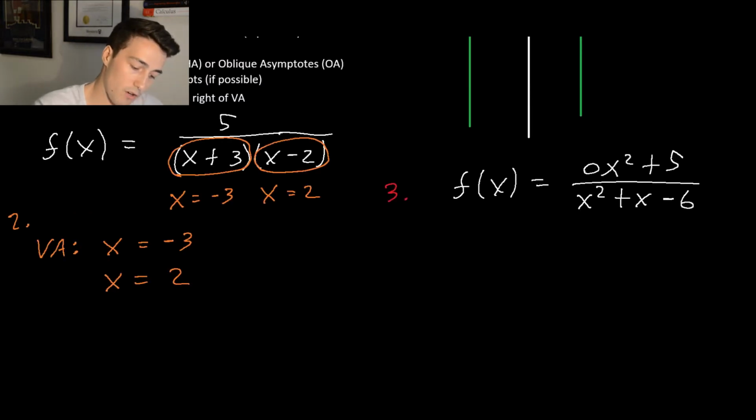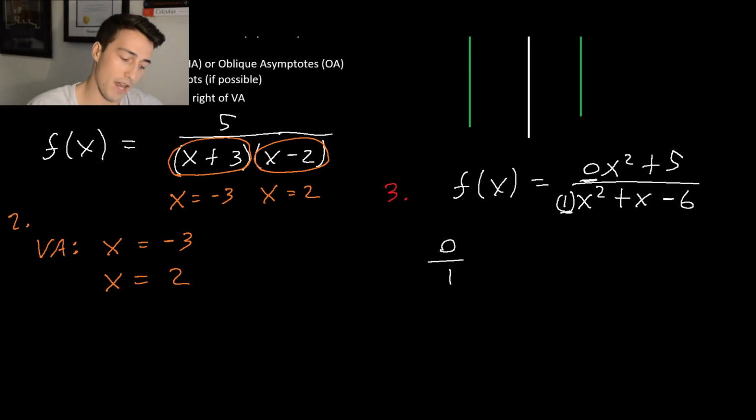When I say the ratio of the leading coefficient from the numerator to the denominator, this will be our leading coefficient for the numerator, so it'll be 0, and then our leading coefficient for the denominator would be 1, because there's going to be a 1 right here. So it'll be 0 over 1.